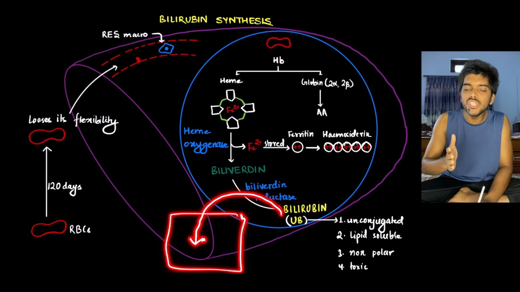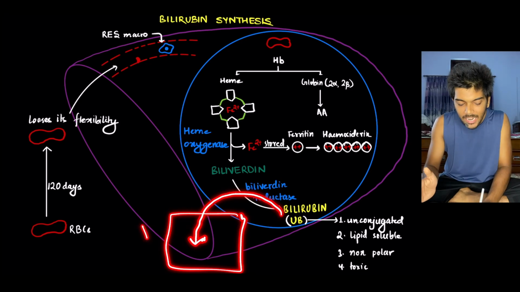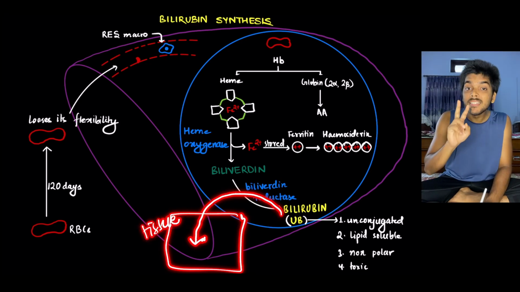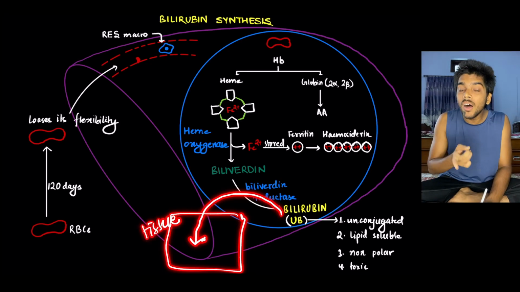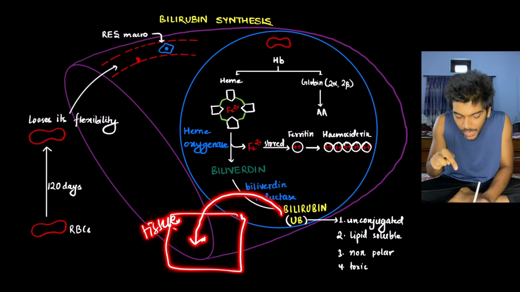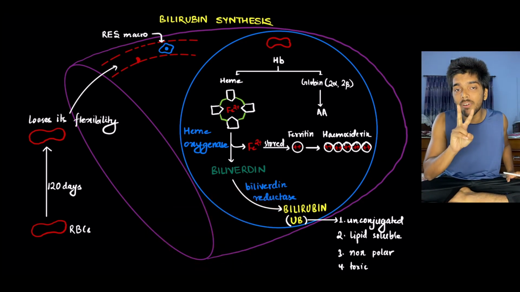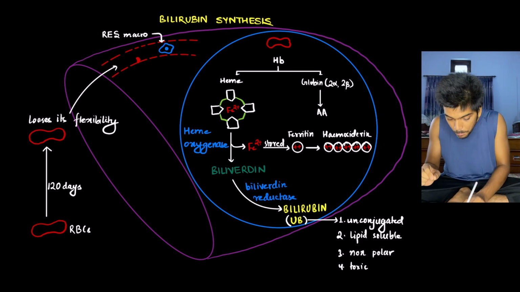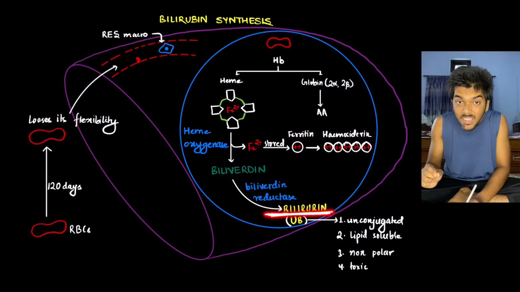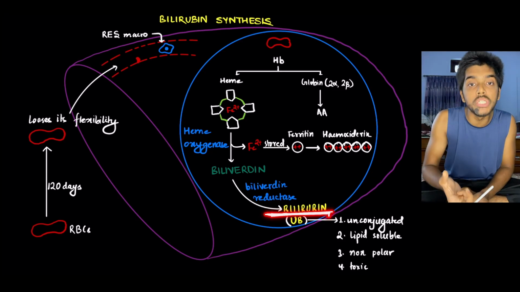Second, since it is toxic, once it enters inside the tissue, it will destroy the tissue. So you don't want two things from happening, okay? See, bilirubin produced in the macrophage of the spleen from the degradation of hemoglobin is unconjugated.